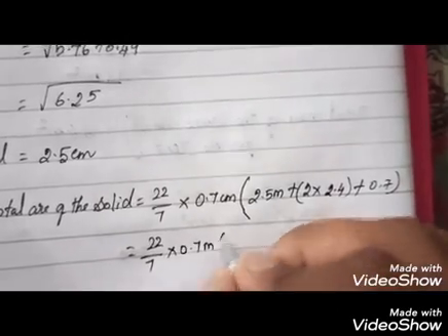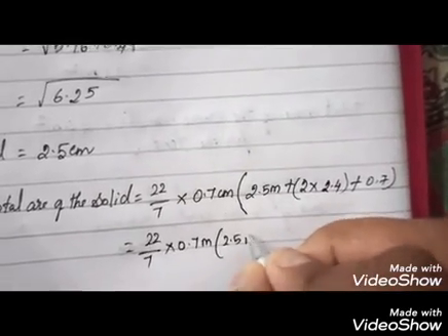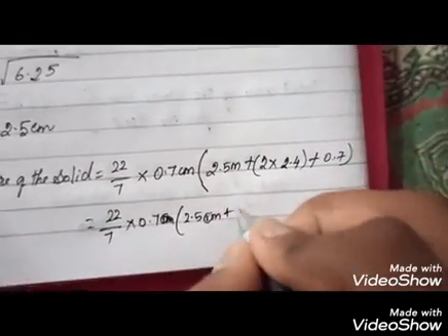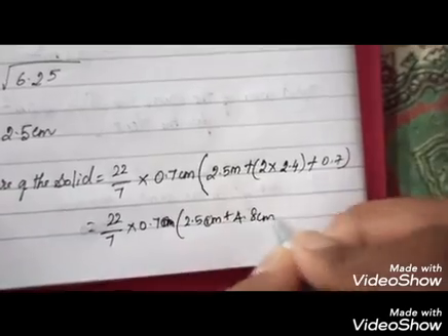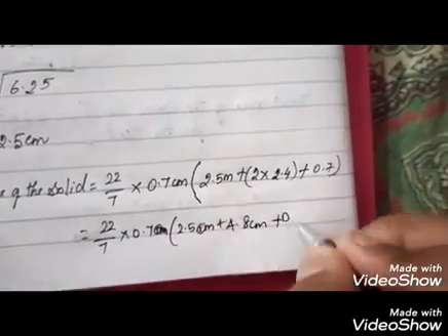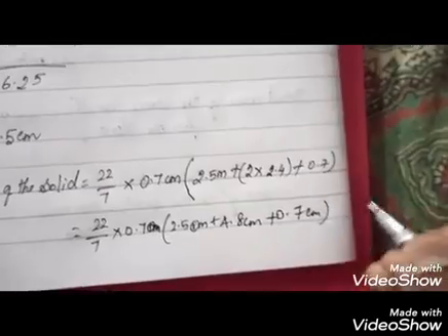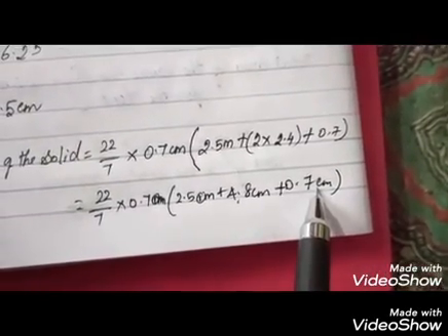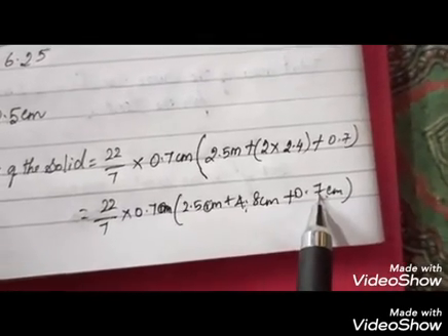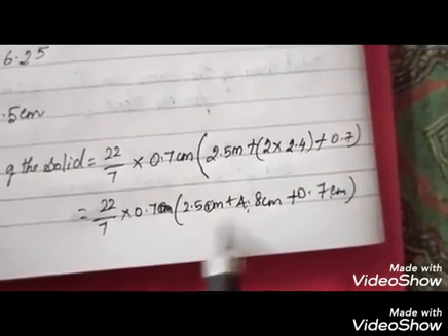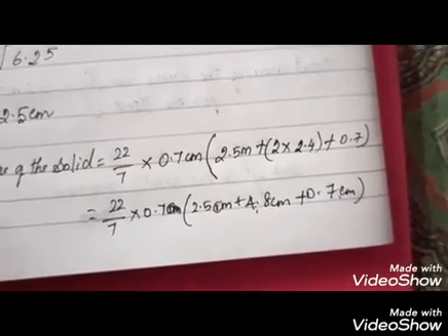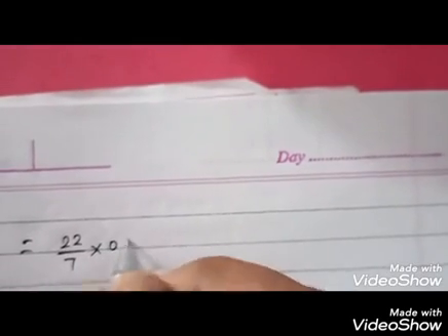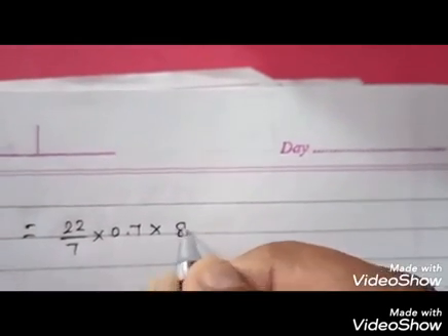So 2.5 plus 4.8 is 7.3, plus 0.7, it should be 8. You add these three values, you get 8.